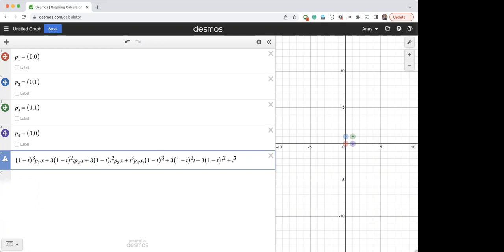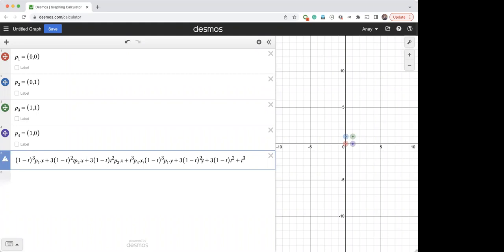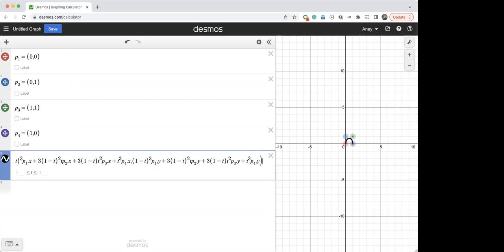And finally, here also, we can say p1 dot y, p2 dot y, this would be p3 dot y, and this would be p4 dot y. And put this whole thing in a bracket. And for t going from 0 to 1, that gives us the curve.